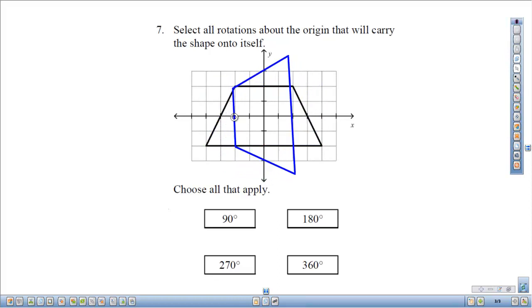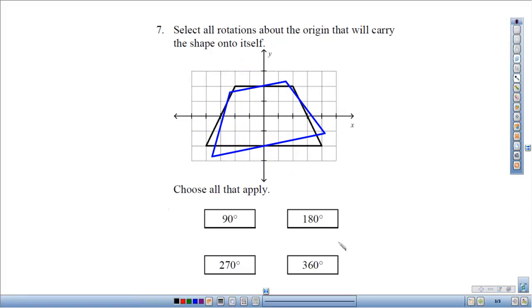So this would be a 90-degree rotation. Do those map onto each other? No. What about a 180? Does that perfectly line up on each other? Nope. What about 270? Right there? Nope, that doesn't either. But of course, all rotations of 360 degrees would make it. And so that would be the answer for this one. So you just have to imagine that, or see if your math teacher will give you a sheet of patty paper to check that out.